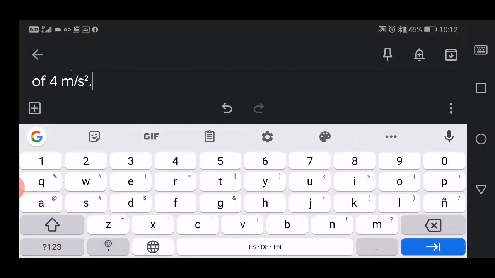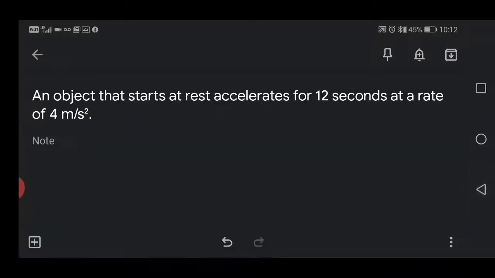What sort of thing would you want to know about an object like that?